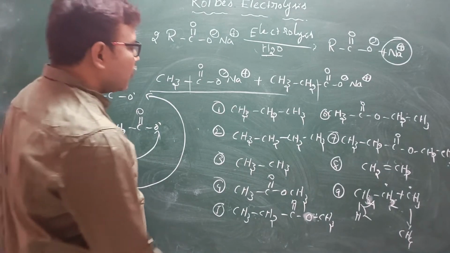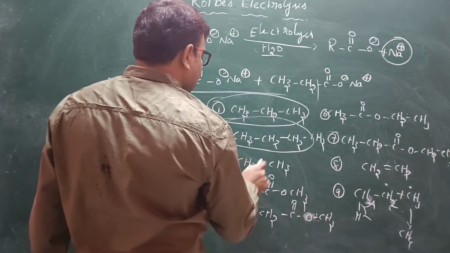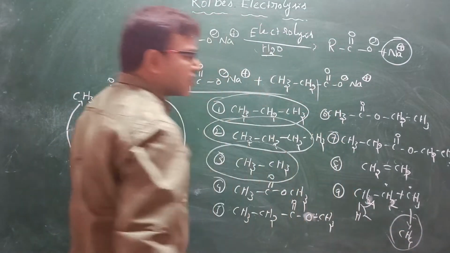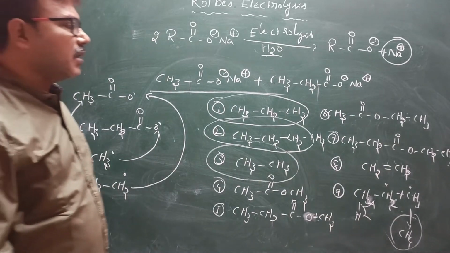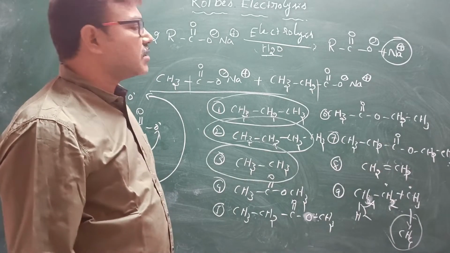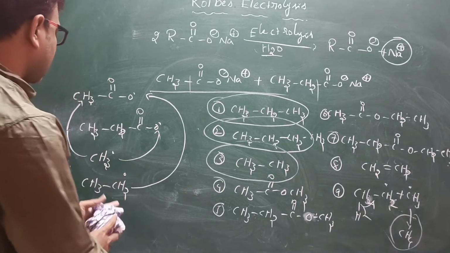But here you get different side products, alkanes, and you cannot separate them by fractional distillation. So that's why Kolbe's electrolysis is not suitable for the preparation of odd number of hydrocarbons.